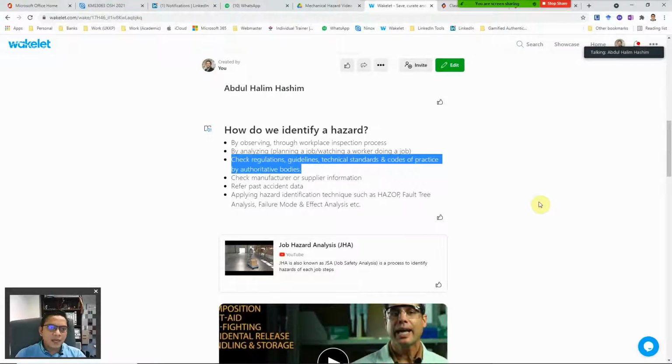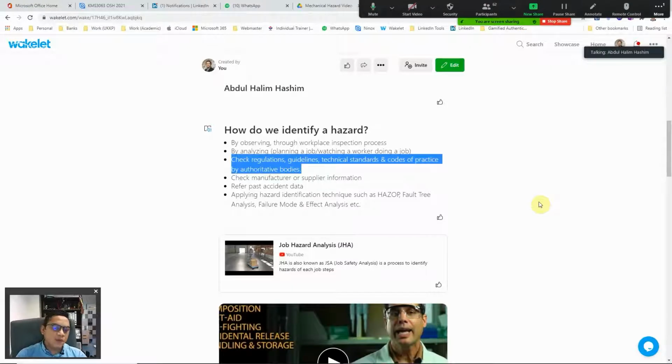Sometimes we call it guidelines, sometimes we call it technical document, sometimes we call it regulation that writes about the hazards of a certain process, job process, because that job process is already considered having a lot of hazards, and the process is something that is done in a routine way. So to make it easy for everyone that is doing a similar job, they can just read about it in a document.